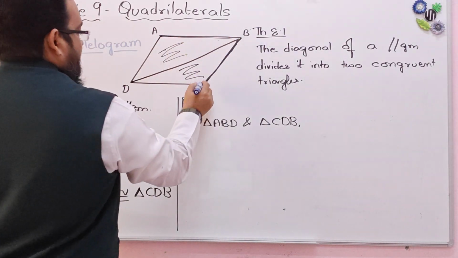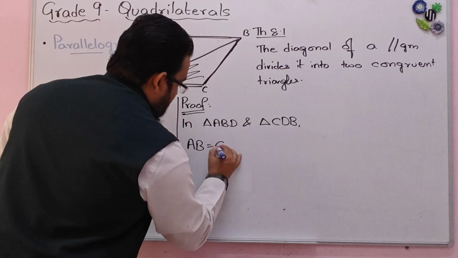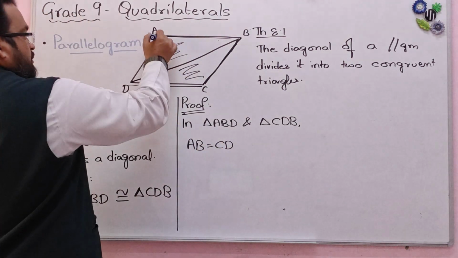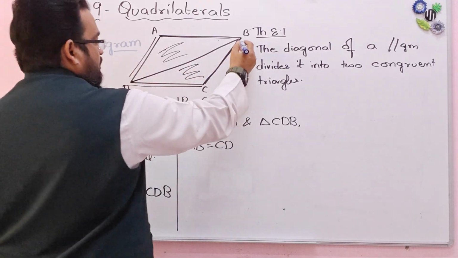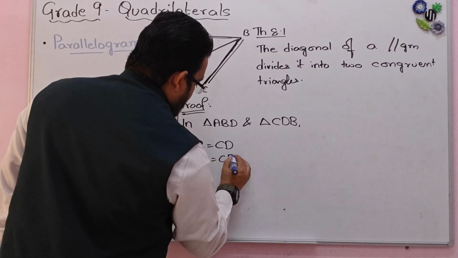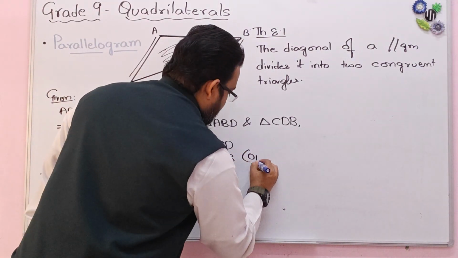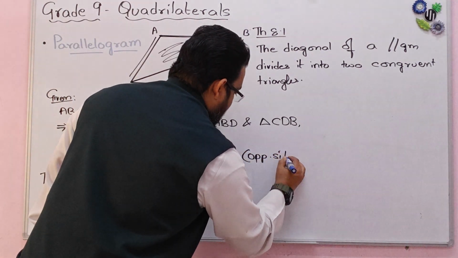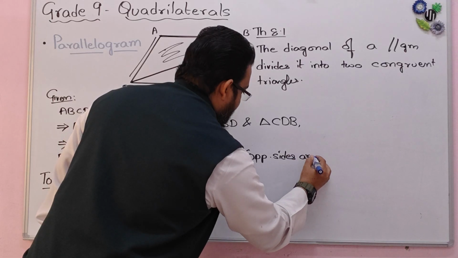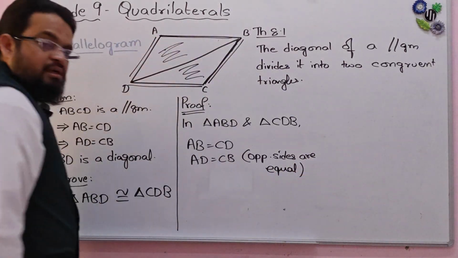We know that AB is equal to CD, and also AD is equal to CB. What is the reason? Opposite sides are equal.